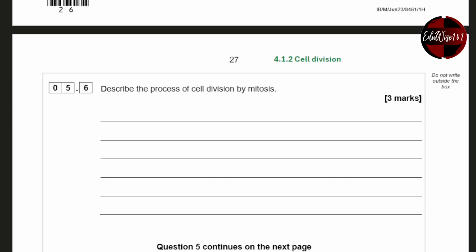Describe the process of cell division by mitosis. Now, mitosis is the bit where the cell is actually dividing. So first all the contents in the cell, like the mitochondria, ribosomes, and all the rest of the stuff, actually replicate. Then the DNA replication happens to increase the number of DNA, or doubles the DNA amount.